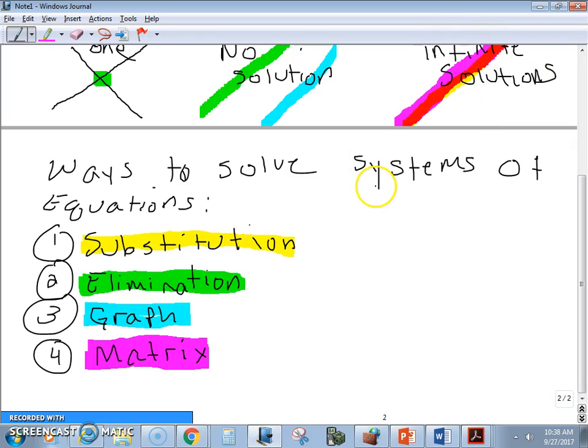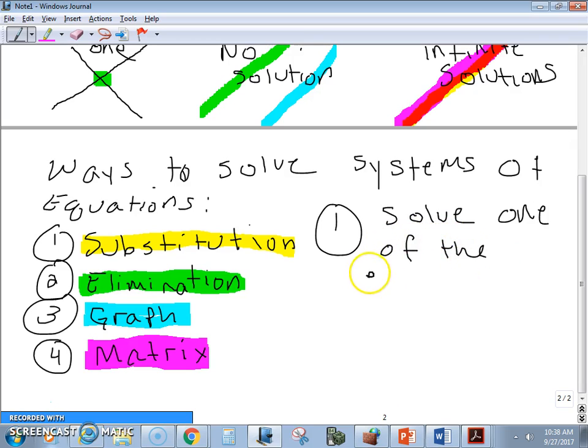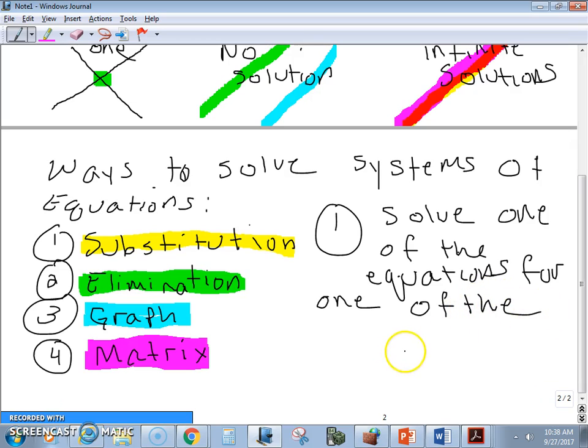The steps for substitution are: you solve one of the equations for one of the variables. That's step one.